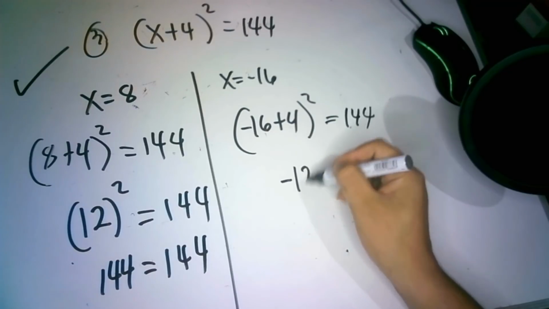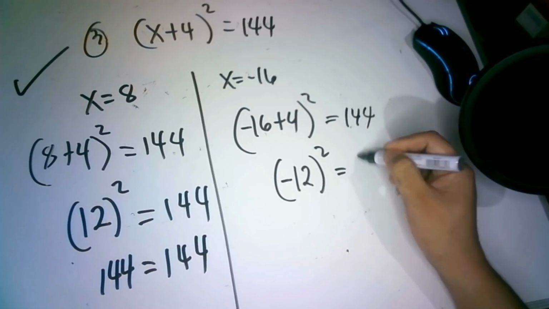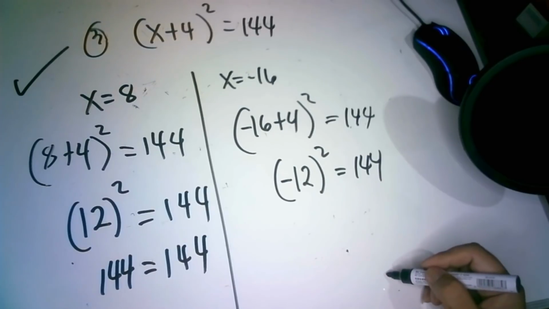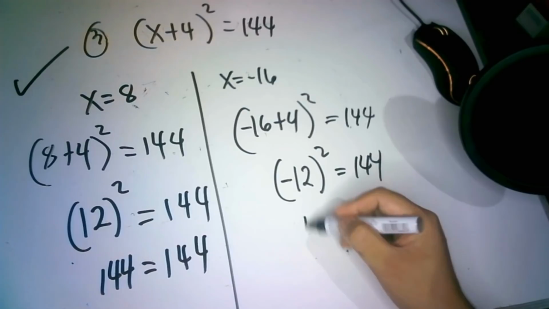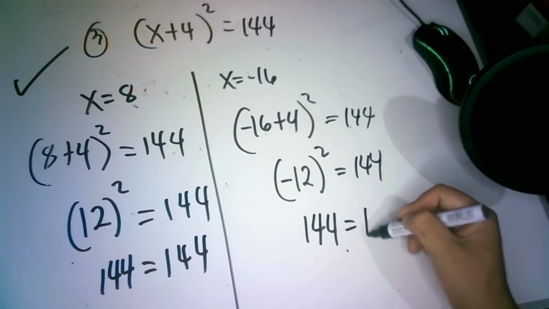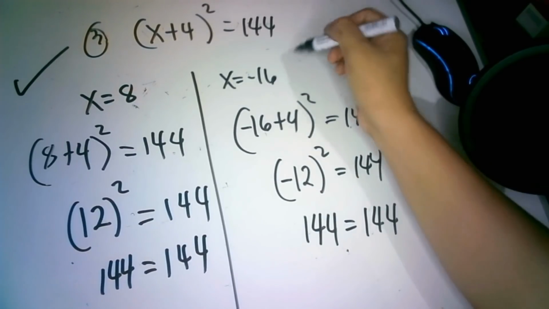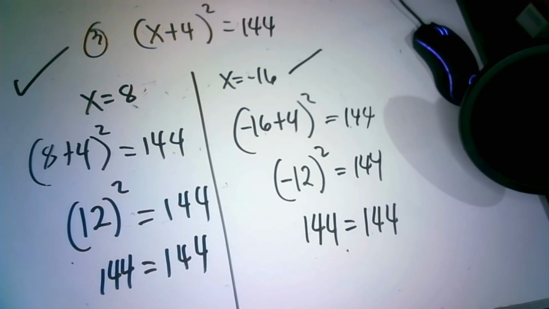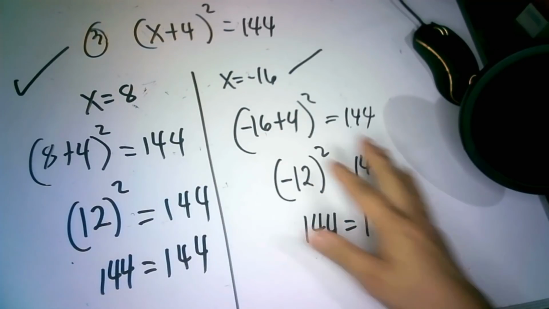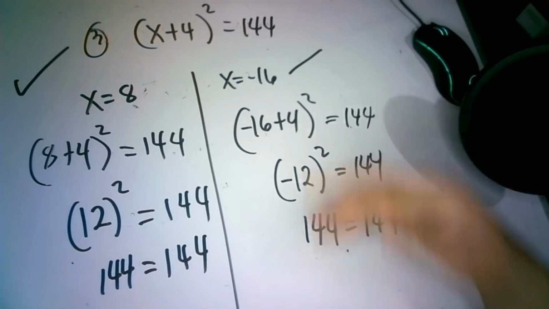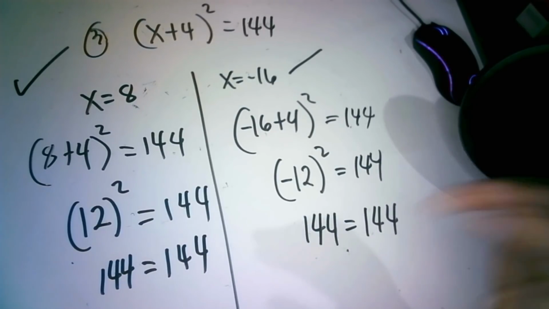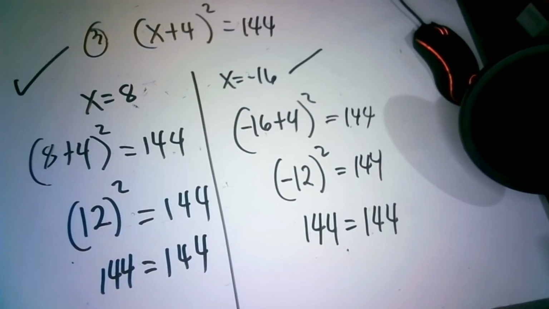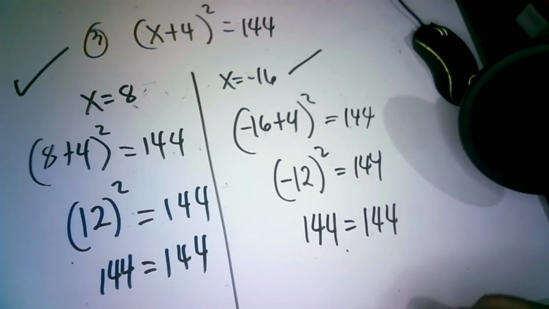That is (-12)^2 = 144. What is -12 times -12? Of course it becomes positive 144, which equals 144. So our -16 is also correct. You don't necessarily need to show this as long as you have the solution, we just do the checking to see if our answer is correct. I hope you've got this.